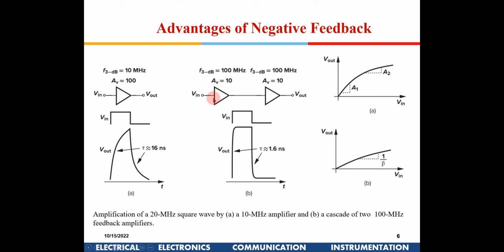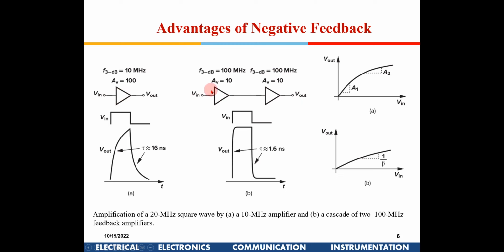Instead of that, I am using a negative feedback amplifier with a gain of 10. So my bandwidth from 10 will go up to 100 megahertz. Similarly, I am using 2 in series, so again I will get a total gain of 100.